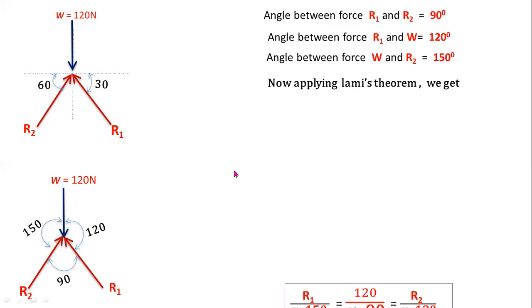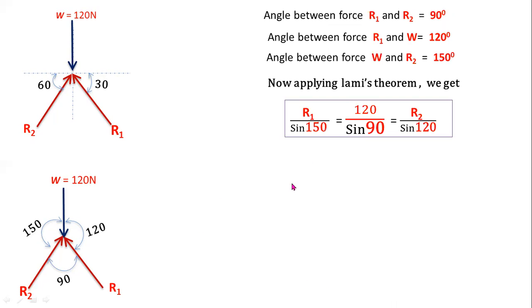From Lami's theorem, each force is directly proportional to the sine of the angle between the other two forces. So from Lami's statement, R1 is the force and 150 degrees is the angle between the other two forces.